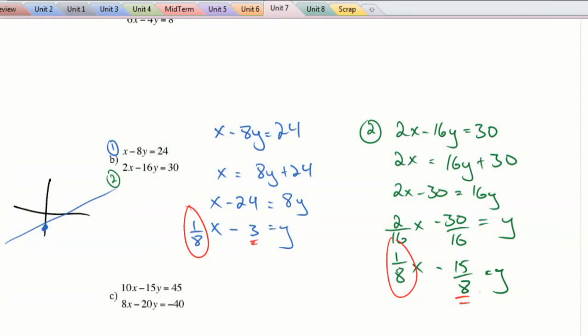And then 15 divided by 8 is going to be really close to 2. So my green line would be up here. And it also has the same slope of 1 over 8. It's maybe not the best diagram in the world, but you can see that my lines are parallel. I have different y-intercepts, parallel lines, because the slope's the same. So I know I have no solutions.